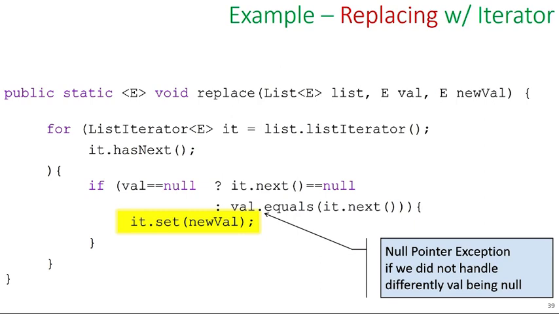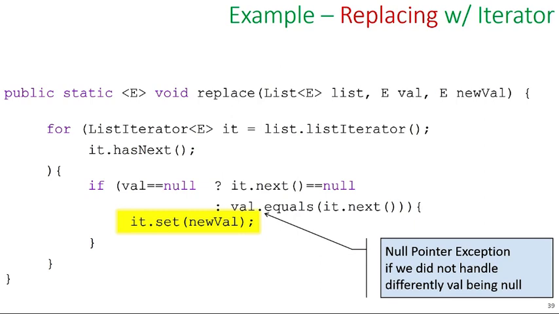And then this is an interesting bit, that if statement inside the for loop. So we first distinguish between the case where val is null or not. You can have a null element in a collection. Remember that, that doesn't mean the collection is empty. So we have a ternary conditional operator that says if val is null, then I'm going to test whether the next element is null.